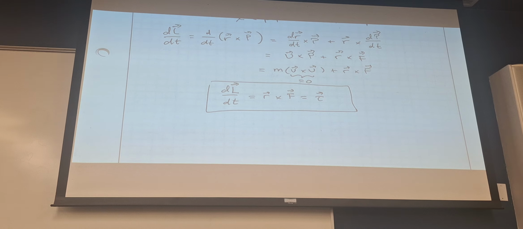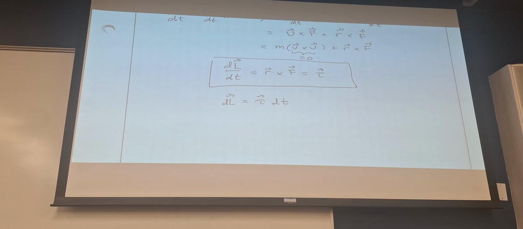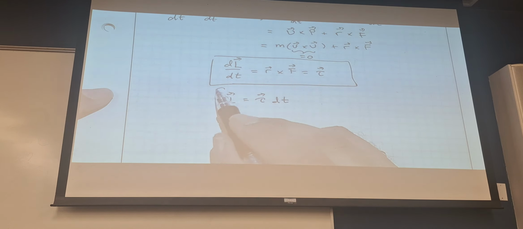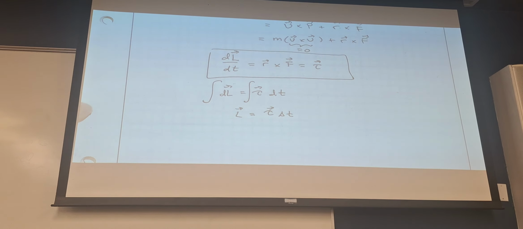I think that's most of it, so let's just do this. dL equals tau dt. Again, if you assume constant force here, or constant rotational force, this just becomes L equals tau delta t.